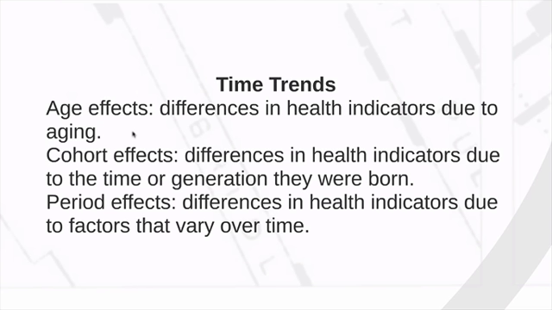Another type of time trend that you may see is a cohort effect. There are differences in health indicators due to the time or generation when people were born. So even at the same age, you may experience different health outcomes for different generations, essentially.